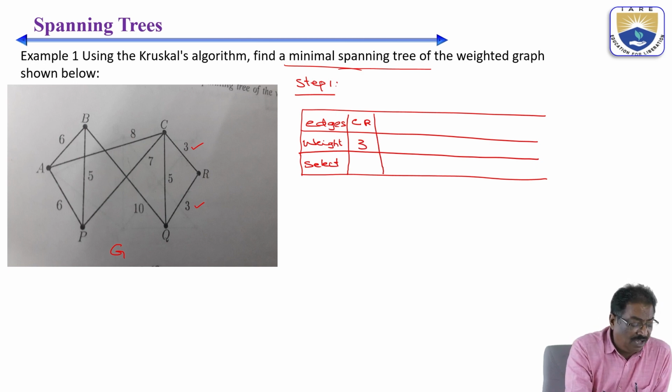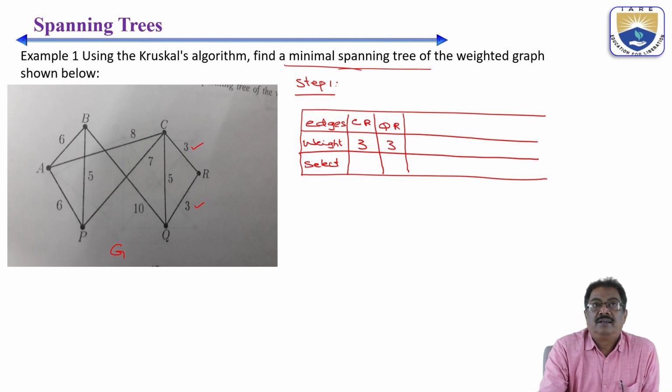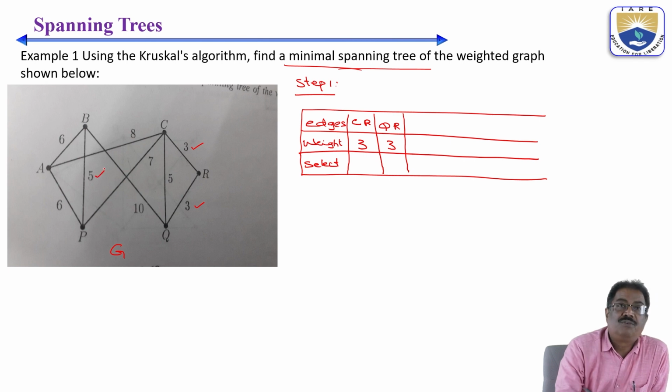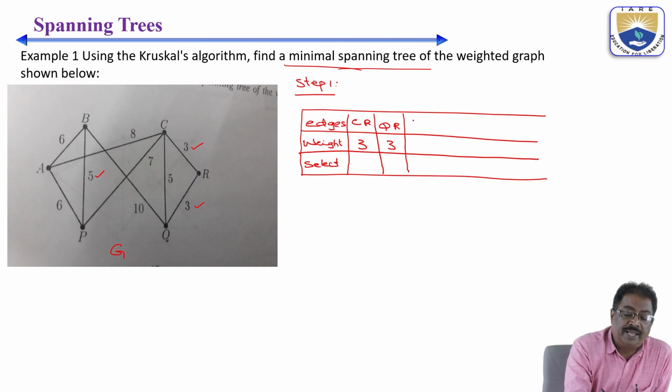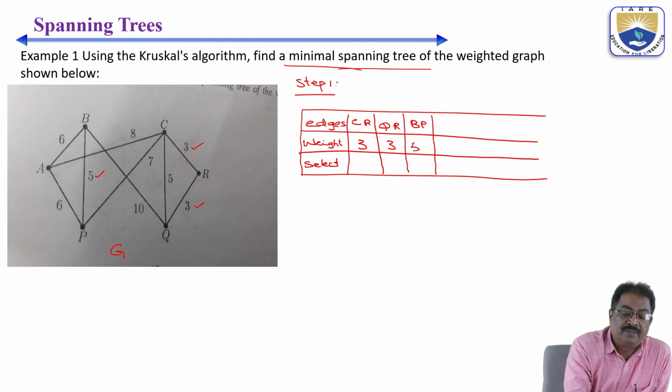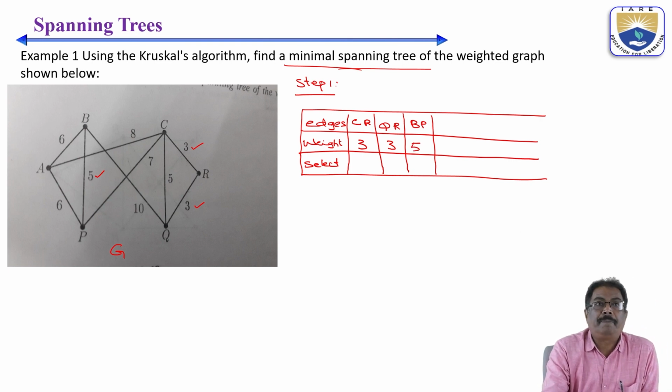Another one is RQ, another edge whose weight is 3. Now we go for the next weight, which is 5. We take that edge as BP, and the weight is 5.